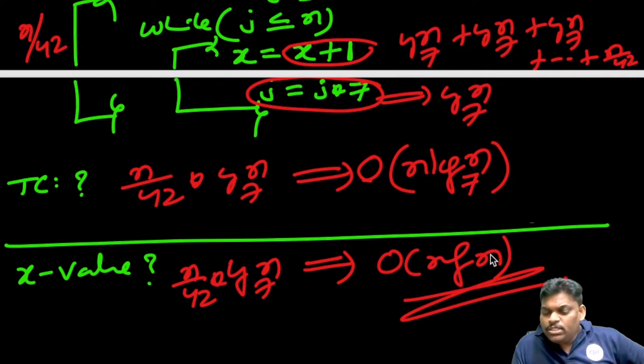For each j iteration, x will increment by 1. So for i equal to 1, the j loop runs log n base 7 times, so x becomes log n base 7. I value 2, again log n base 7. I value 3, again log n base 7. I value 4, again log n base 7. How many times? N by 42 times, n by 42 times log n base 7. So finally n log n base 7.